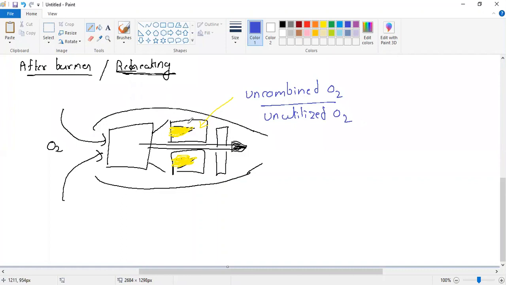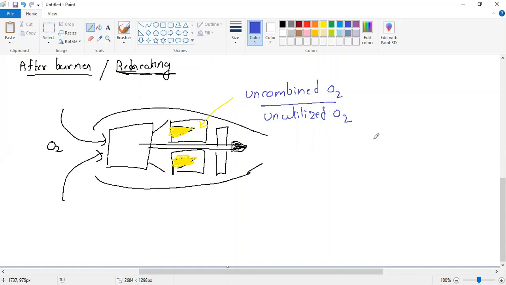Understanding what I'm trying to say? That when you are burning the air and fuel mixture over here, some of the air will still have the oxygen which has not been utilized. This oxygen still has got enough energy so that if I add a fuel into it and burn it, it can still do the same effect.